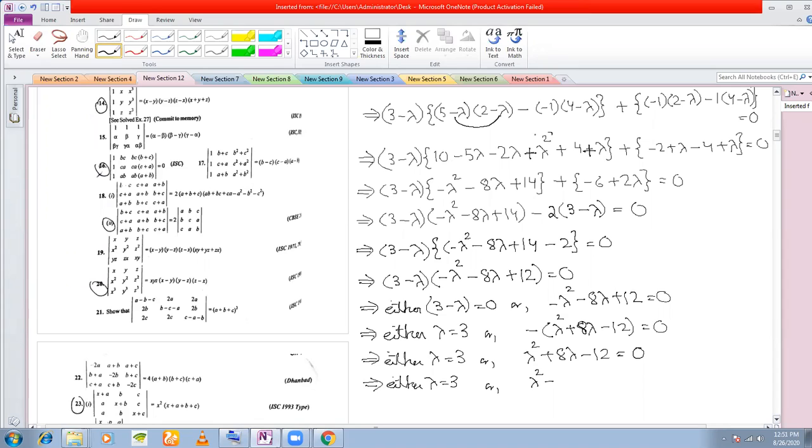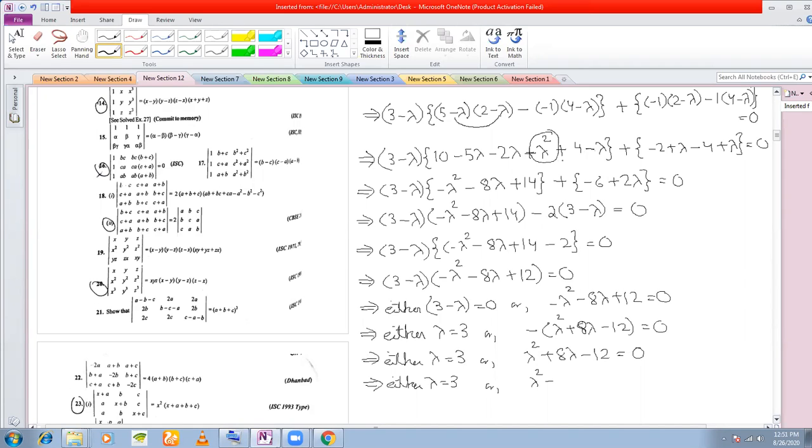Plus lambda square, this one. And here plus 4 and plus lambda, isn't it? So plus 4. So this becomes actually plus 4 minus lambda. No, this minus is okay. This minus is okay. Okay. Plus 4 minus lambda. This is okay. So plus lambda square.